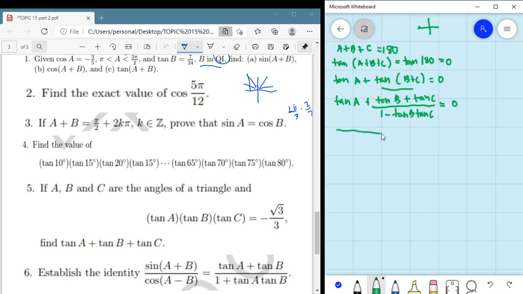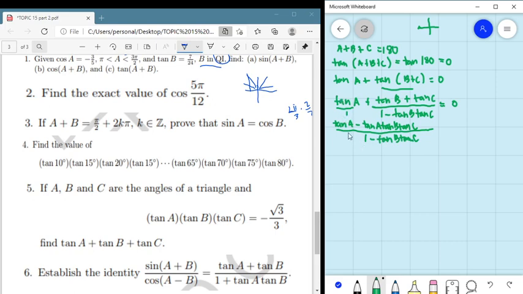Then, getting the LCD here, 1 minus tangent B tangent C, divided by 1 here times tangent A. It would be equal to tangent A minus tangent A, tangent B, tangent C.